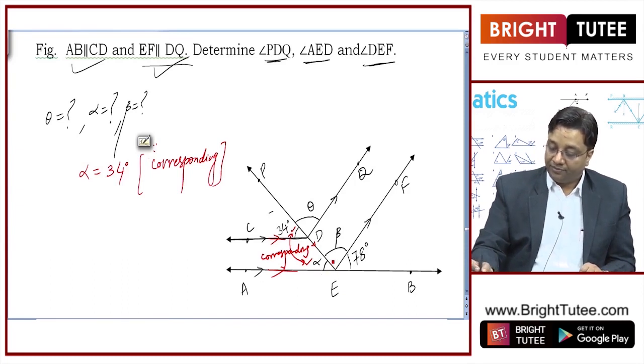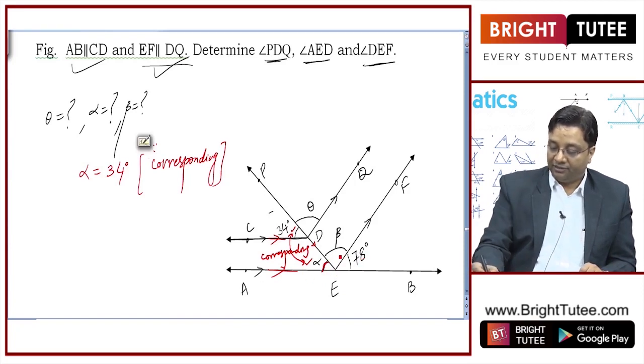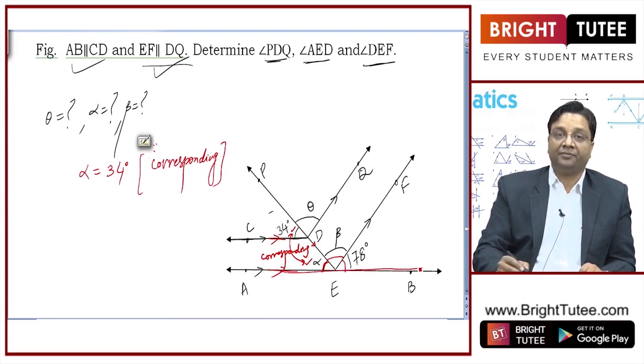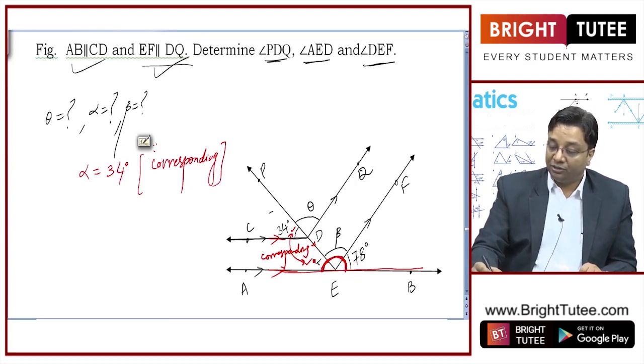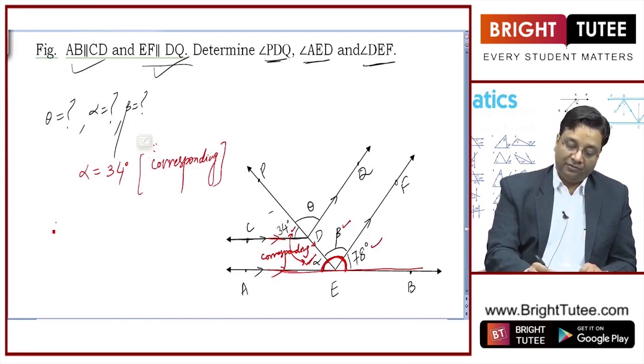Now look at this. Alpha, beta and 78. These three angles are on the same side of a straight line. So their sum will be equal to 180 degrees. Okay, because this full angle is a straight angle which is 180 degrees, and it consists of three parts, that is alpha, beta and this 78. So alpha plus beta plus 78 is equal to 180.